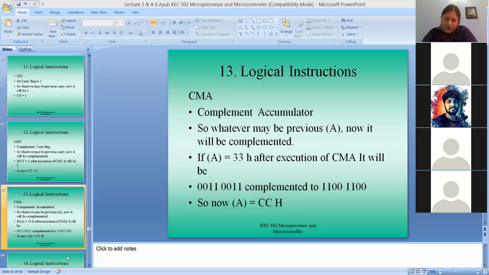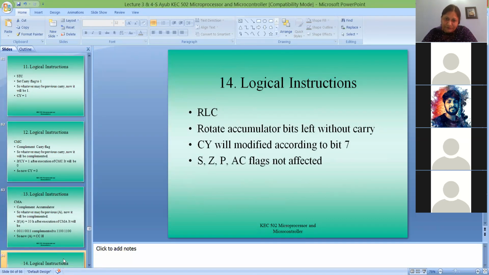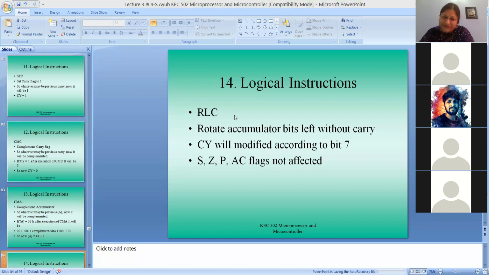So if you want to complement the contents of another register, what do you have to do? You have to first move the contents to the accumulator, and only then you can complement with the help of the CMA instruction. Because you do not have a CMR instruction, you cannot directly complement the contents of any other register.